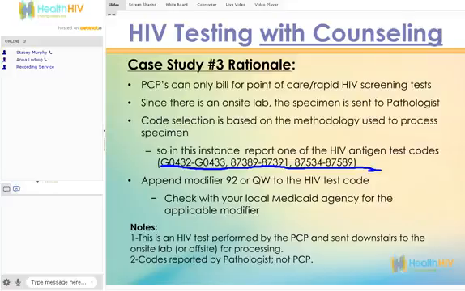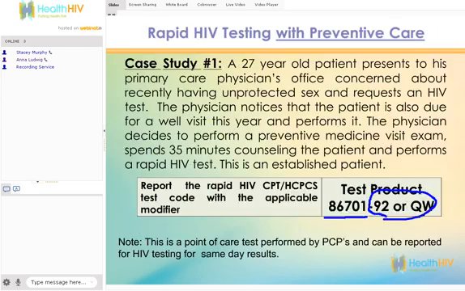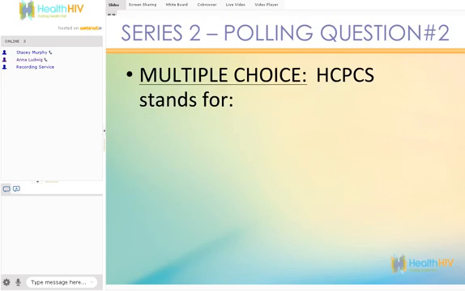No, actually, let me go back. I think there's a mistake here. Give me 1 second. Where are we? These are the rapids. Okay, so I apologize. Let me go back there.